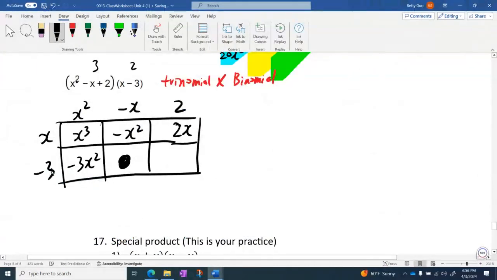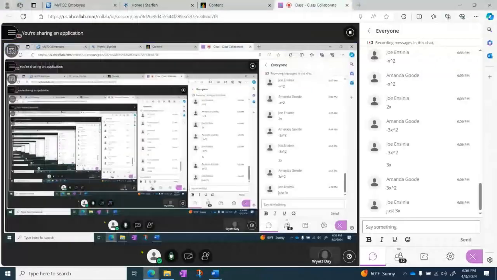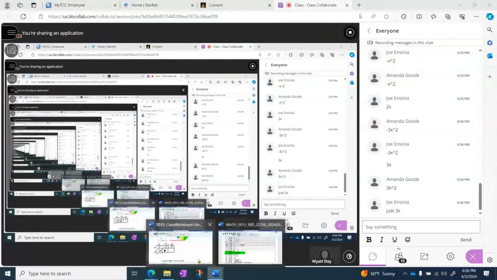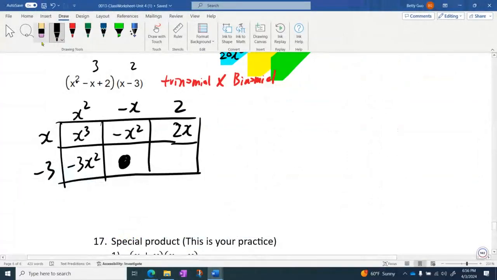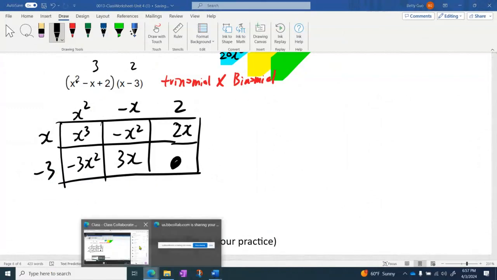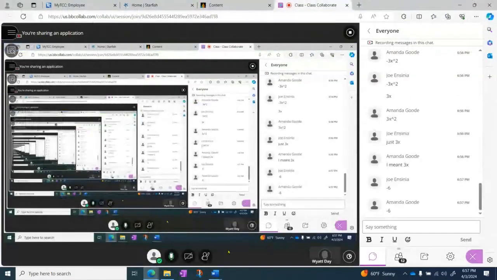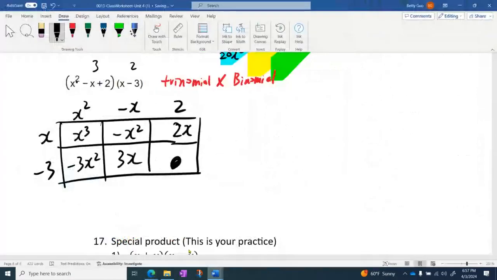Row 2, column 2 is negative 3 times negative x. Be careful. Negative 3 times negative x. What should we have? Positive? Yeah, just 3x. Awesome. Very good. And what's going to be here? Row 2, column 3. Negative 3 times 2. Negative 6. Awesome. Very good. Negative 6.